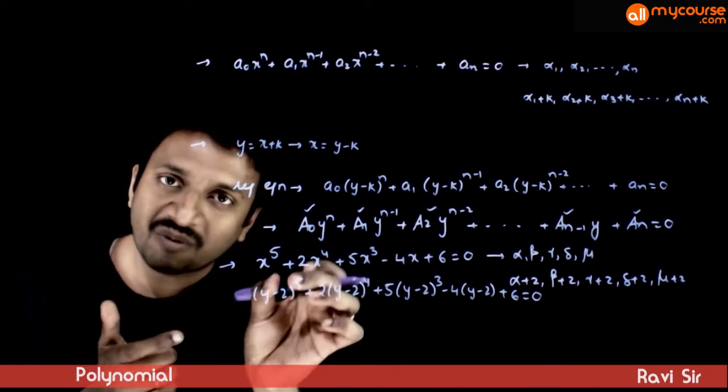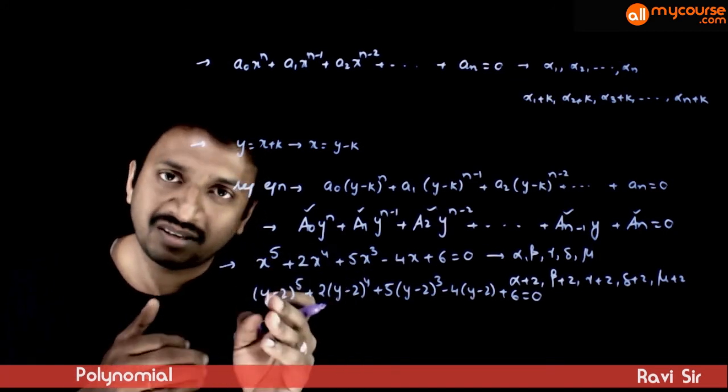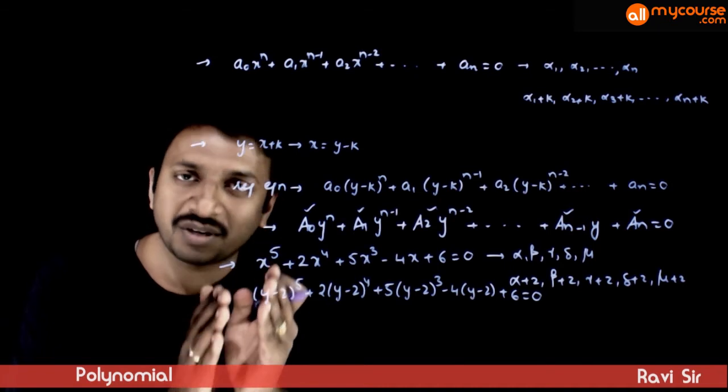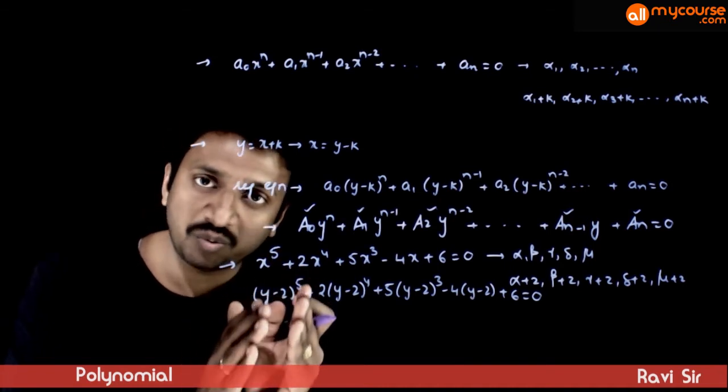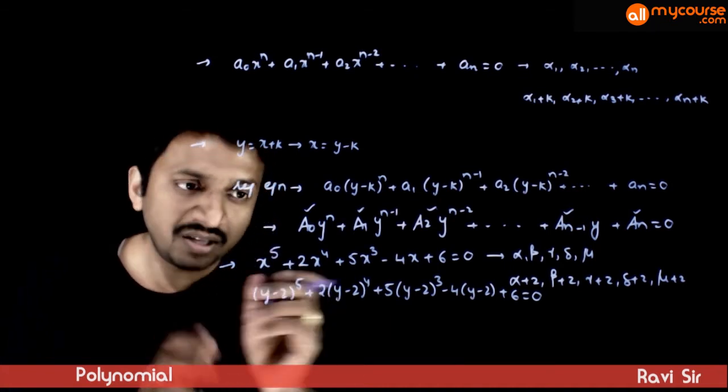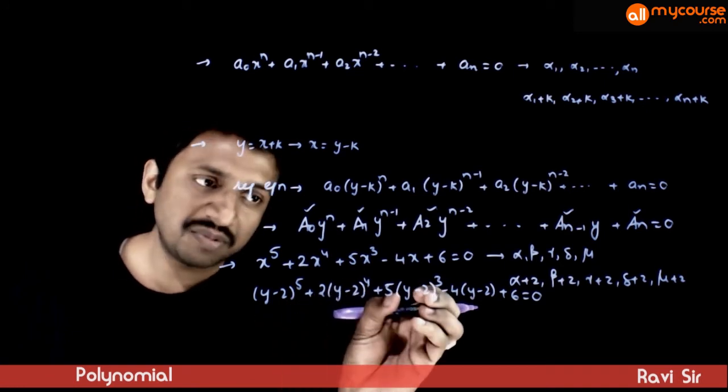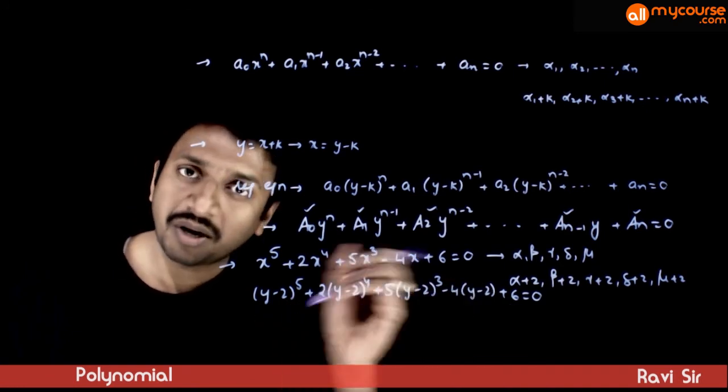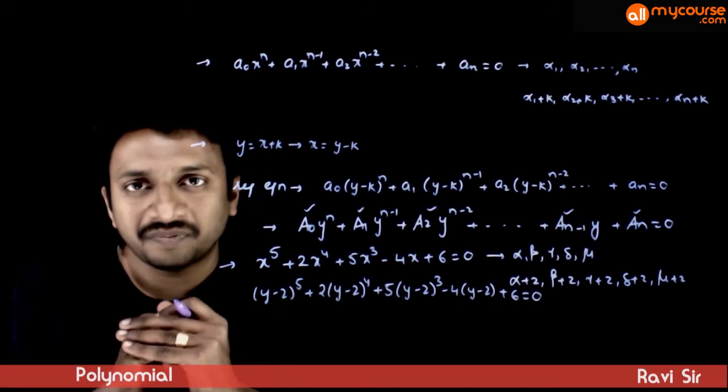You have to expand (y minus 2) power 5, so you get y power 5, y power 4, y cube, y square, y and a constant term. Here also you get a lot of terms, and you need to collect all those terms.